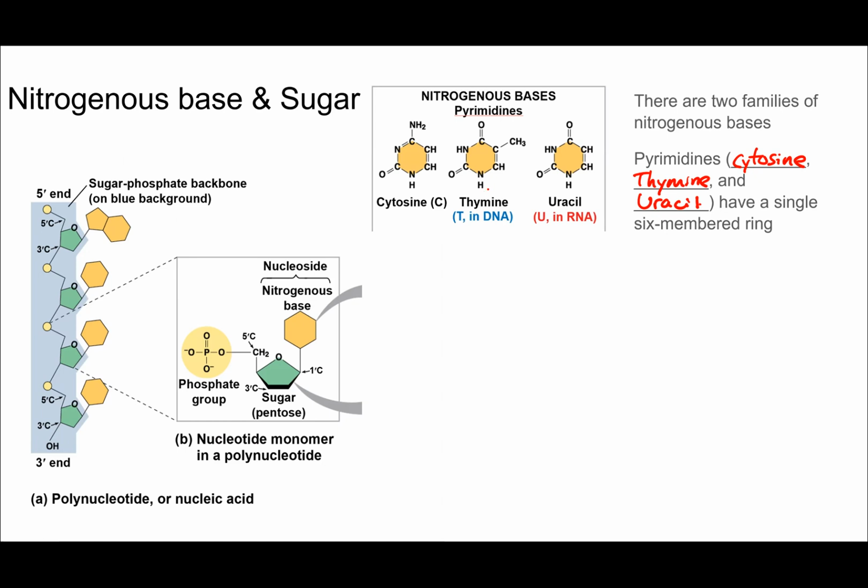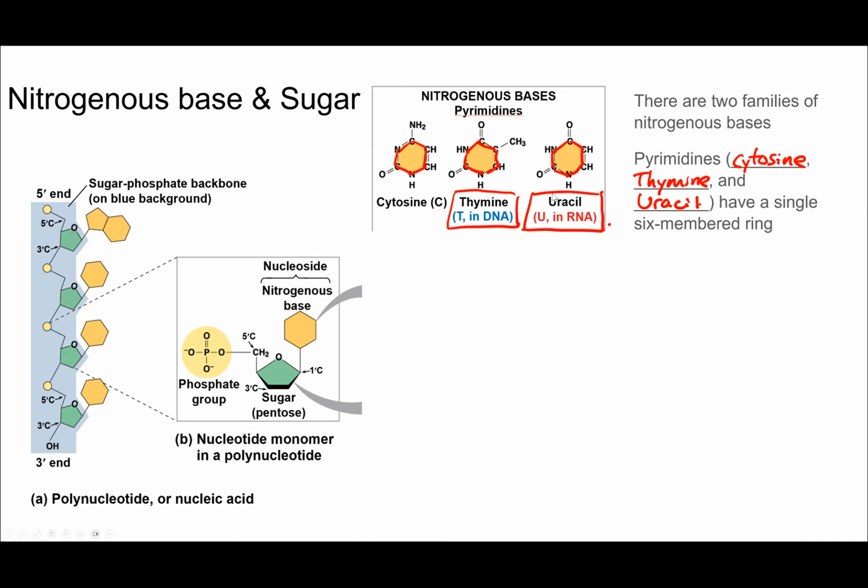DNA contains the nitrogenous base called thymine, whereas RNA, instead of having thymine, will have uracil as a replacement. But notice that among cytosine, thymine, and uracil, they only contain a single ring for their nitrogenous base.